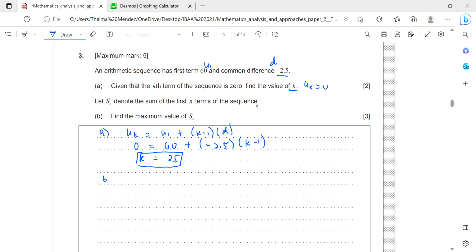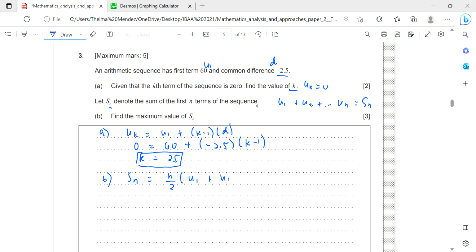Now letter B. Let S sub n denote the sum of the first n terms of the sequence. So you have u sub 1 plus u sub 2 until u sub n. That will give you S sub n. But we use k instead, so we have S sub n equals n over 2, first term plus the last term.